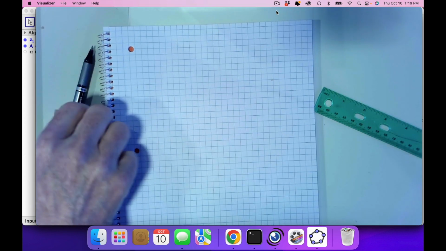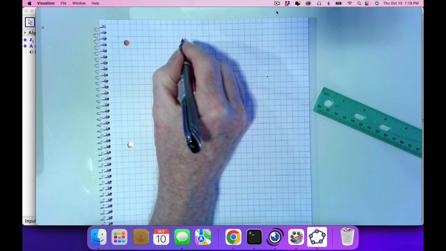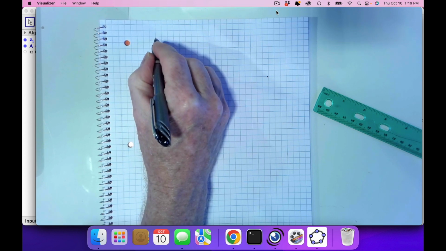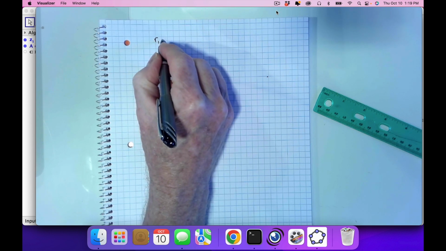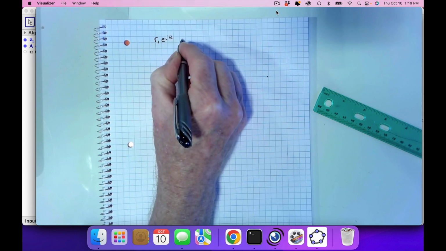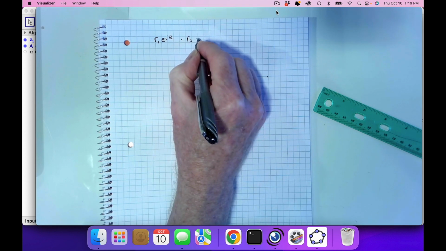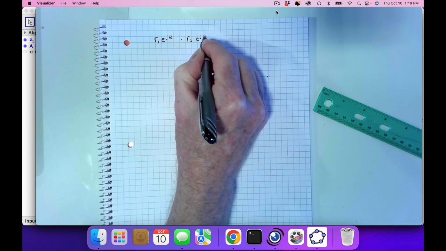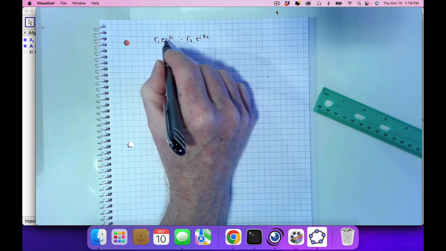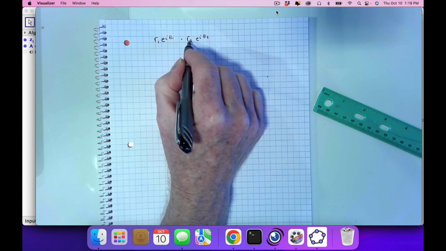With that, we can now interpret what's going on when you multiply two complex numbers. Suppose I have a complex number r1 e to the i theta 1, and I'm going to multiply it by some second complex number. When your complex numbers are in polar form, the multiplication is trivial. The magnitudes will just multiply.